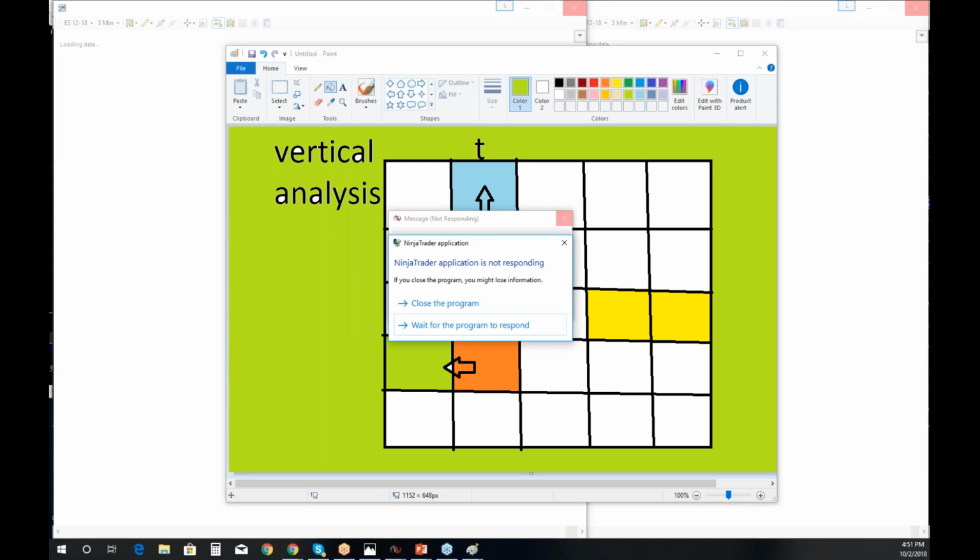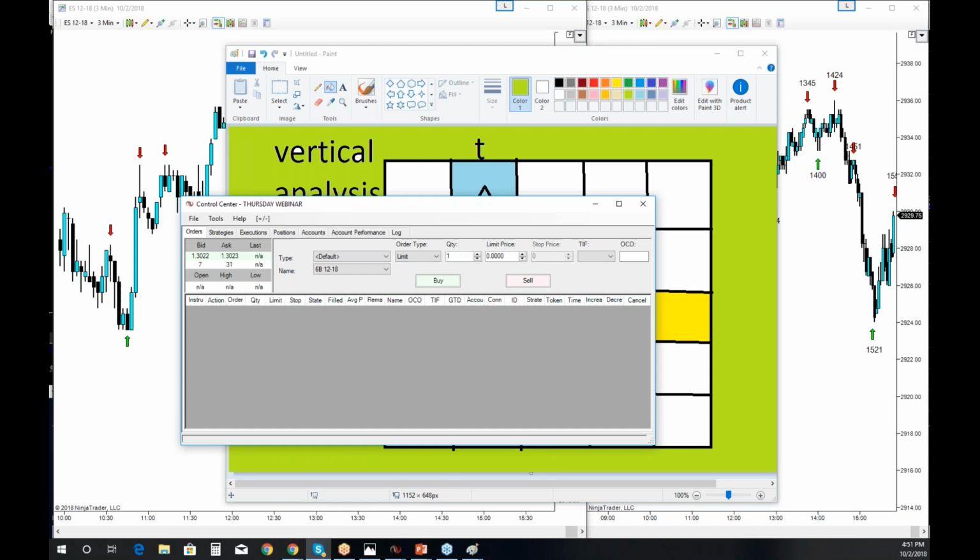Shoot. Okay, I think this is recoverable.